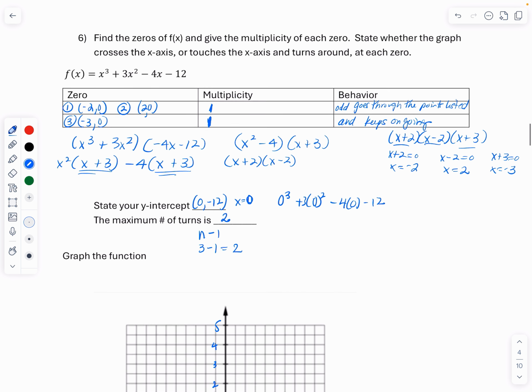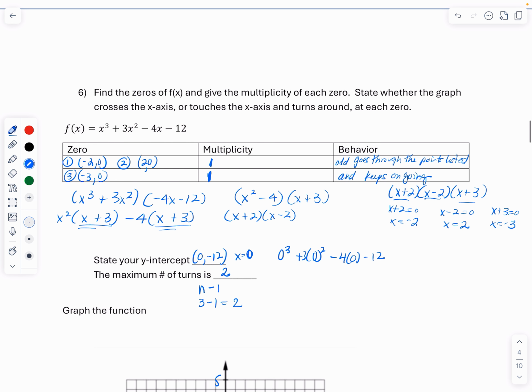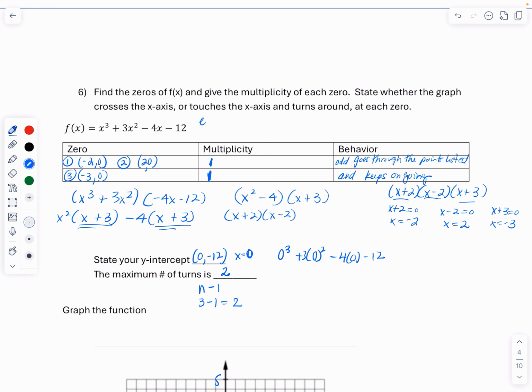Now, in order to get some clarity, I'm also going to look at the end behavior. And to do that, you have to look at the leading term, which is 1x cubed. The 3 is odd. So that means I'm going to have either this situation where I'm going to fall and then rise, or rise and then fall.